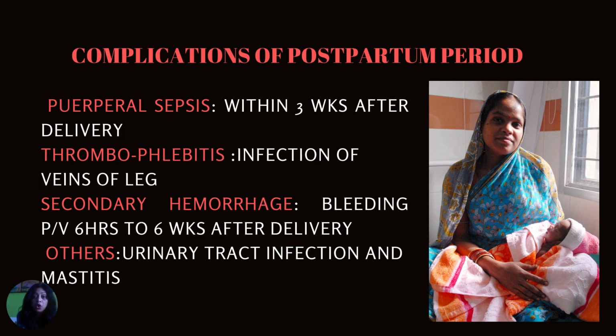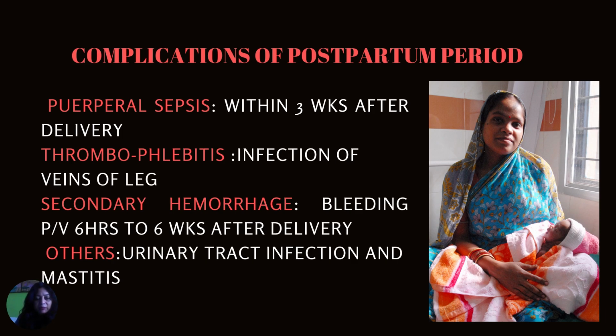The next one is thrombophlebitis. There is infection of the veins of the legs that involves swelling, raised temperature, and inflammation of the leg veins. Then there may be secondary hemorrhage, that is bleeding PV 6 hours to 6 weeks after delivery.